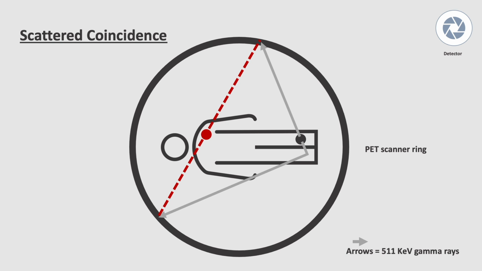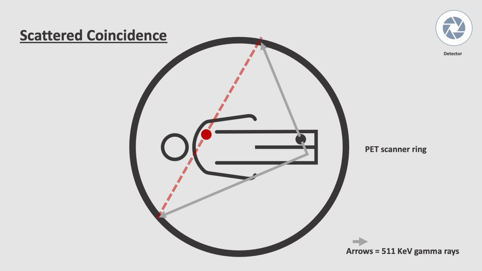You can see how this happens on the screen, where the true annihilation event is the dark gray circle, and the gray arrows are the photons. The lower photon did not continue in a straight direction, but probably interacted with tissue in such a way that it got diverted from its original path.